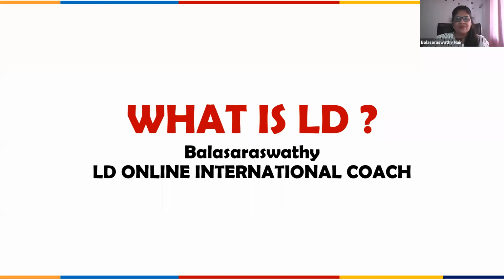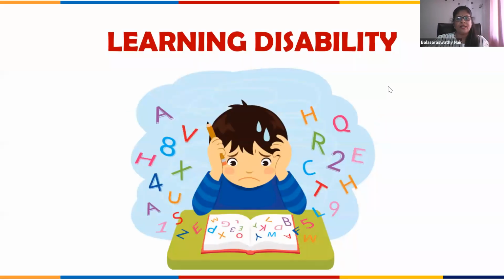All right. So I'm sure the majority of you already know what is learning disability, because there have been various sessions on this previously on the details of what is learning disability. When you look at this child, you can in very simple terms understand how confused, chaotic, disturbed, and disappointed his journey as a student is.